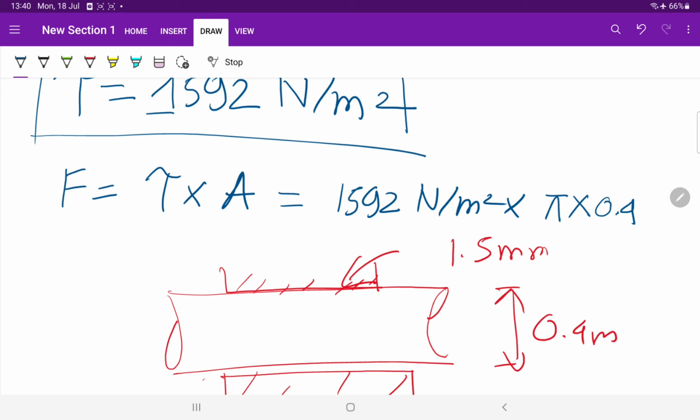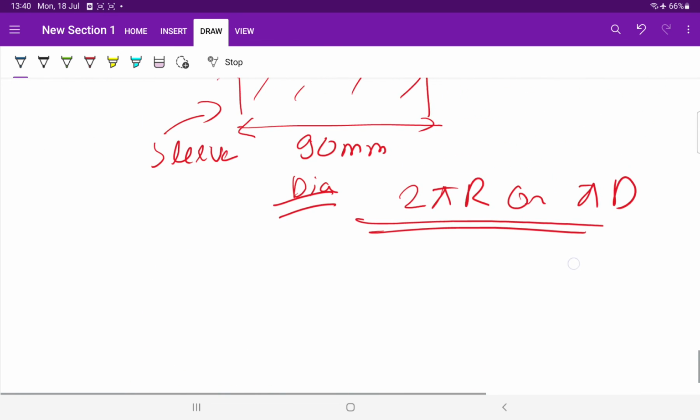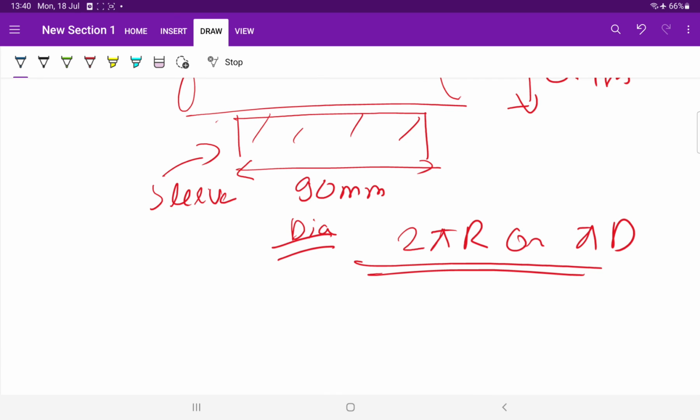Now if you want to find this area, 2 pi r or pi d is the circumference of this, okay, pi d l. If you have this cylinder like this, and this is d and this is l, okay. In mathematics we take this as h, right?